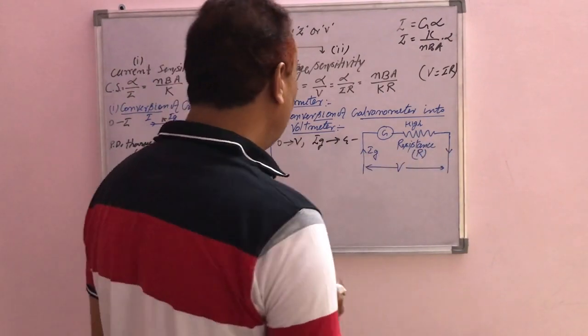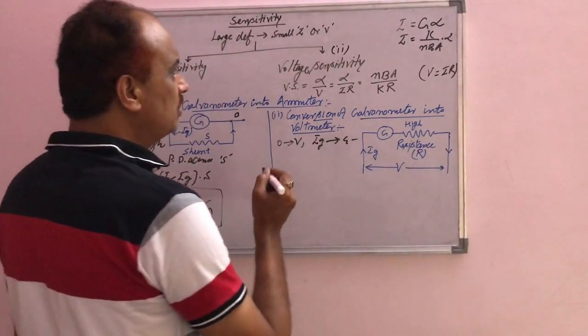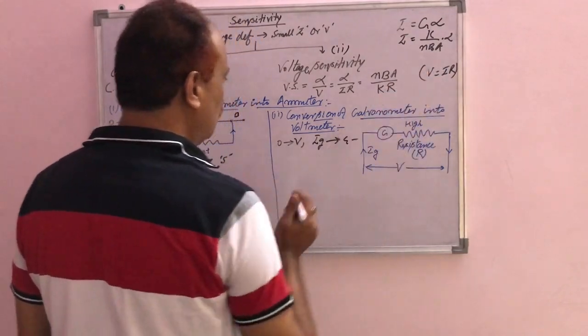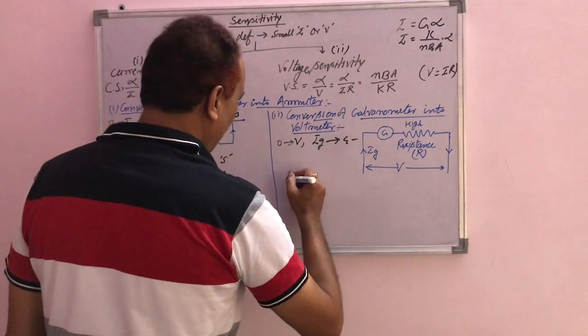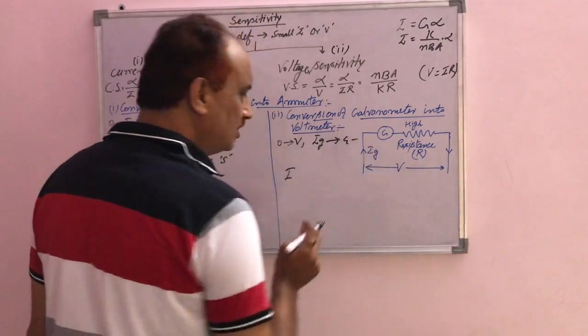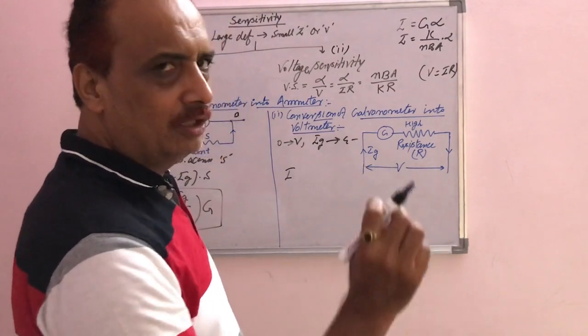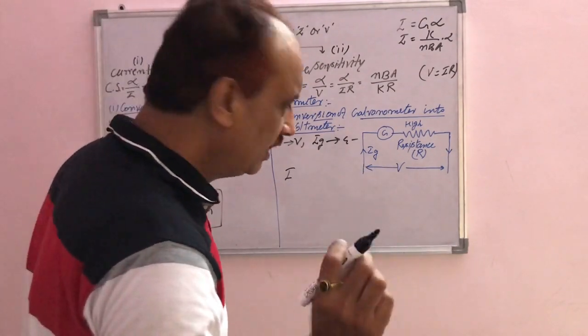Again we have to use Ohm's law, V is equal to I into R. Here I is equal to Ig, the maximum current passing through the coil of the galvanometer at full scale deflection.